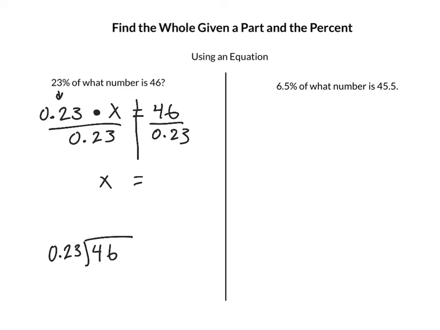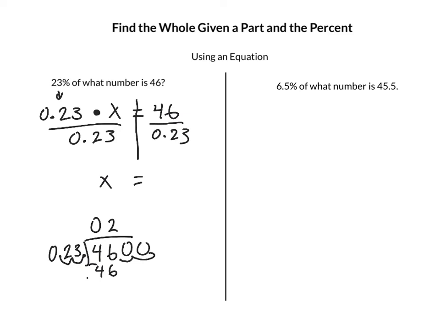When I have a decimal in my divisor, I need to multiply by a power of 10 to make it a whole number. So I move my decimal over twice in both numbers. Now I have 4,600 divided by 23. 23 goes into 4 0 times, 23 goes into 46 twice.